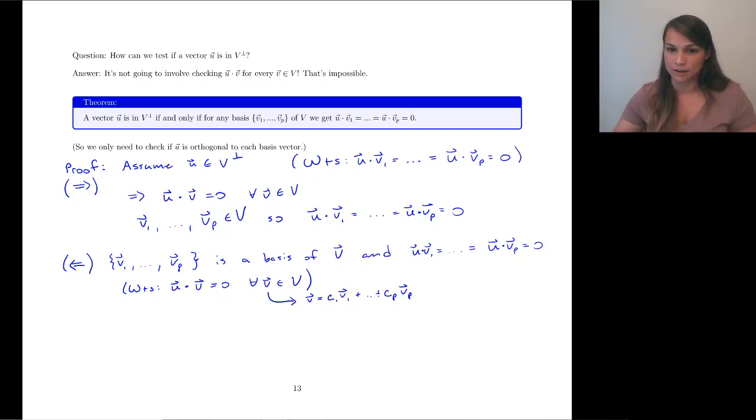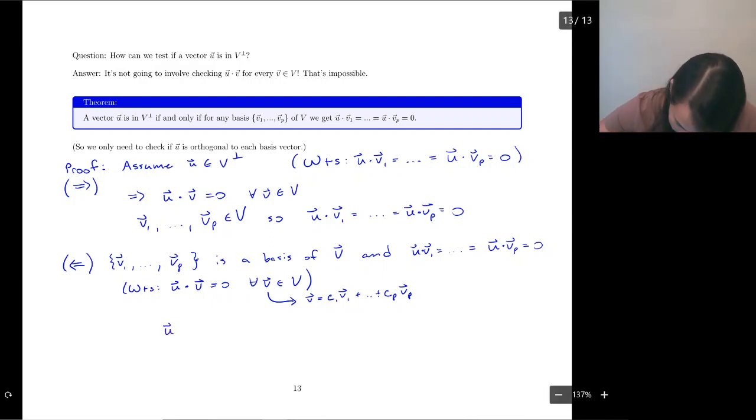Let's see if we can get 0. That would be the same thing as u dot this linear combo. And then we can distribute that. Can even factor out that c when we distribute. There we go.